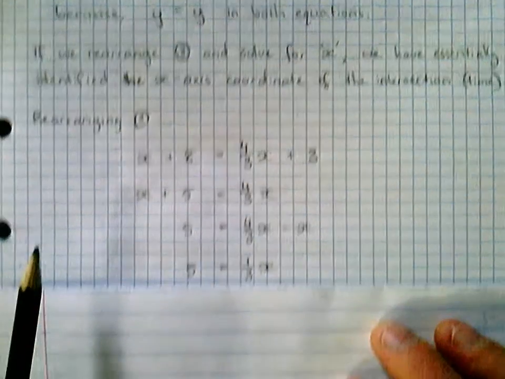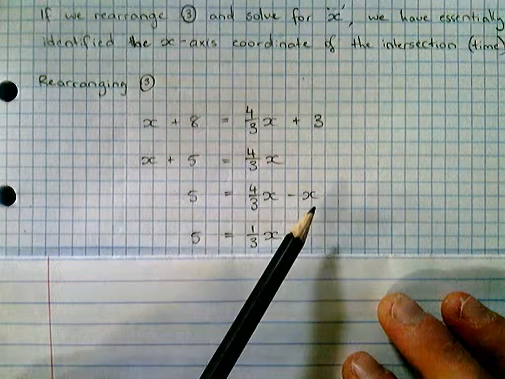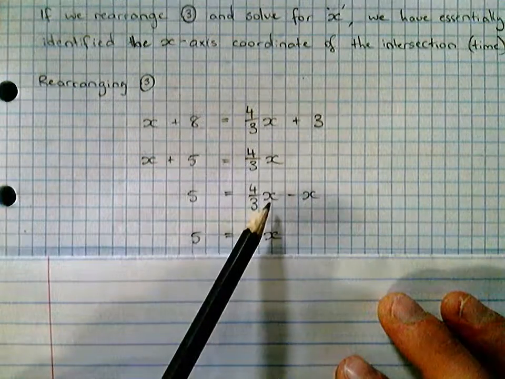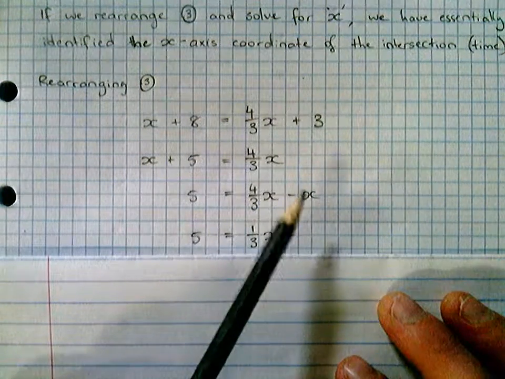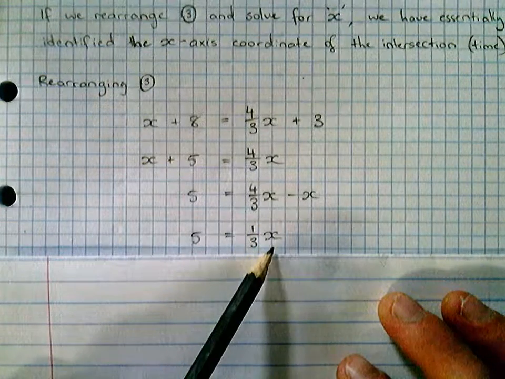Then what I did was I noted, well, 4 on 3x take x is more or less 4 on 3x take 3 on 3x. So 4 on 3 take 3 on 3 will give us 1 on 3 with the x.